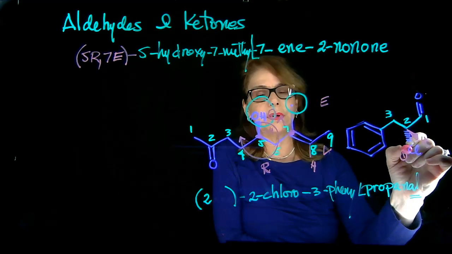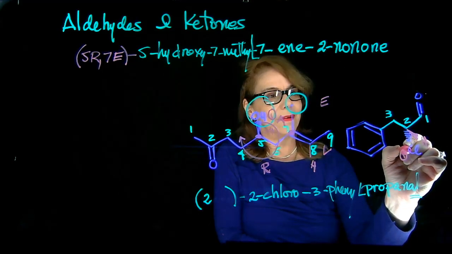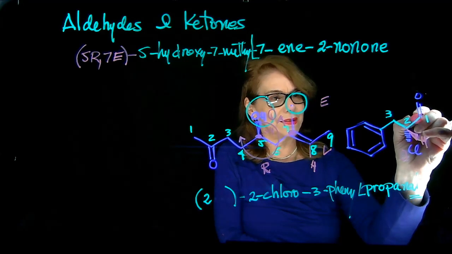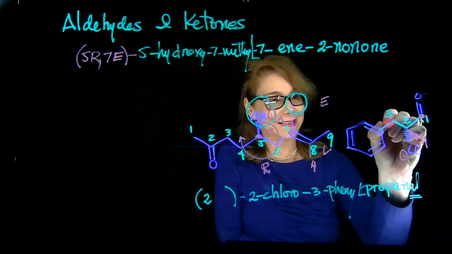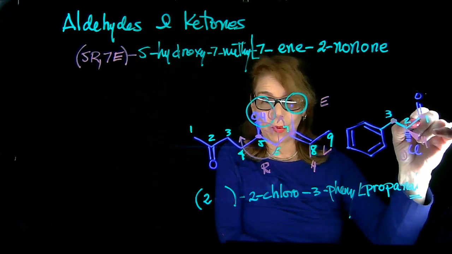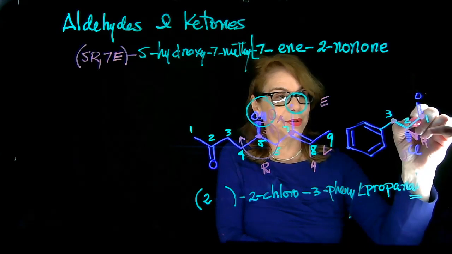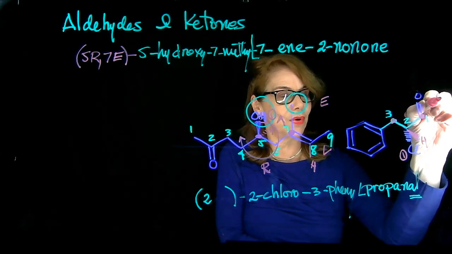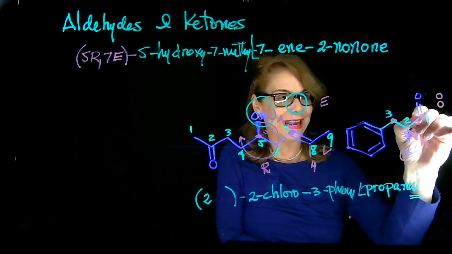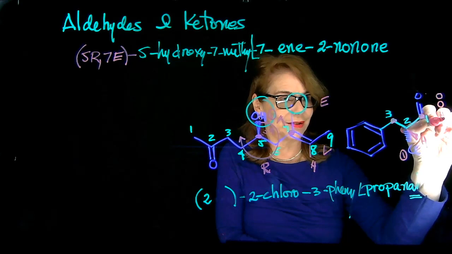So highest priority is the chlorine. Then between this carbon and this carbon, the carbon number 1 has higher priority because it is attached to 2 oxygens. Carbon number 1 is attached to oxygen and a hydrogen in the aldehyde.